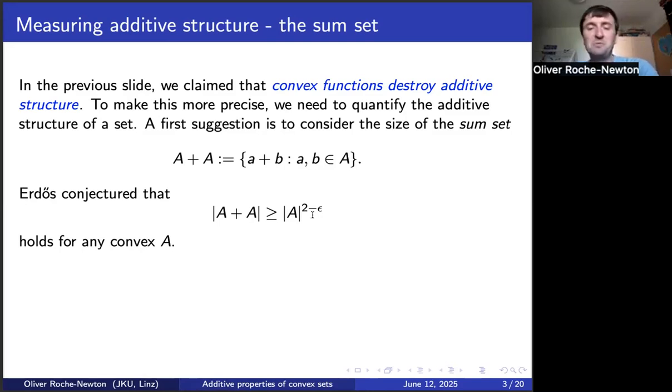Roughly speaking, the expectation is that for a convex set, the additive structure is so messed up by the convex function f that the only possible option is that the sum set is very large, maximally large, up to a small loss.